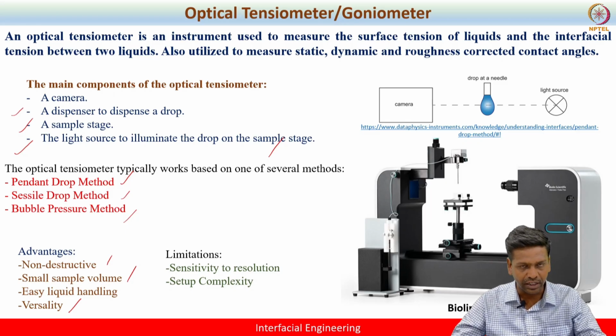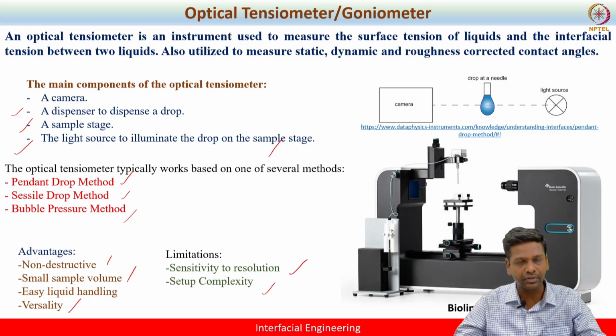There are certain limitations too. Because this is an image-based technique, one needs to worry about the sensitivity to resolution while capturing the image. There is also setup complexity, which means that every time one has to perform calibration.